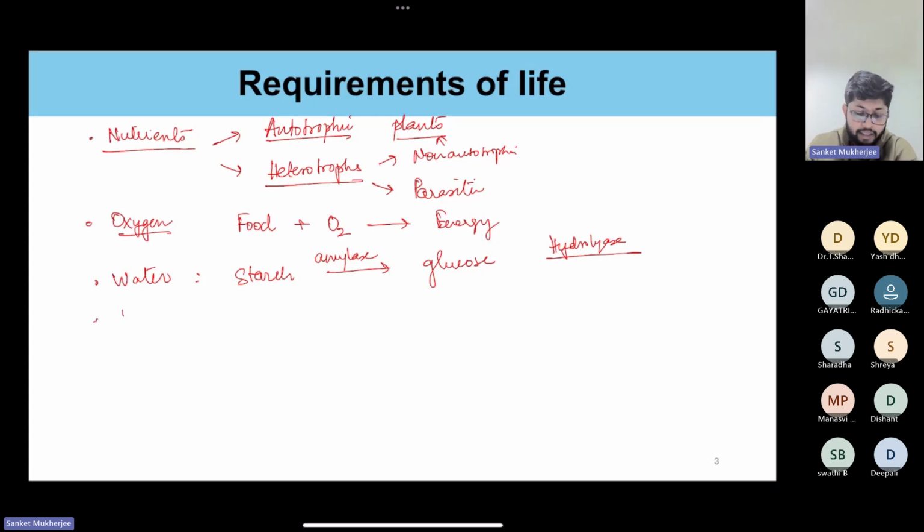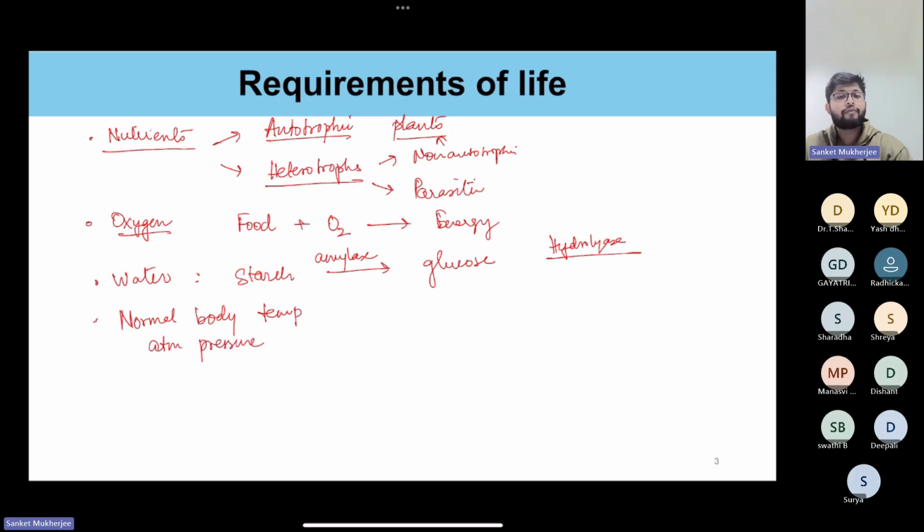Then we need to maintain a normal body temperature and atmospheric pressure. All these things are very important for the sustenance of life of an organism. Similarly, there should be a relatively stable environment.